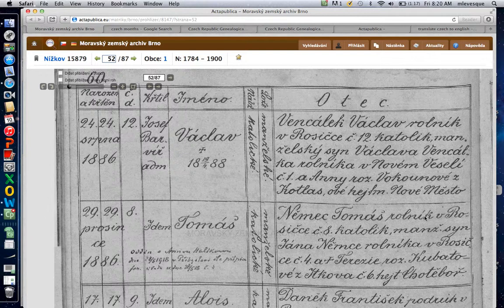His father is Tomasz Niemiec, peasant from Rosiczka number 8, who's a Catholic, the legitimate son of Jan Niemiec, who's a peasant in Rosiczka number 4, and the deceased, the cross means deceased, Terezi born Kubat. We got J's up here. I'm guessing, and a J there.